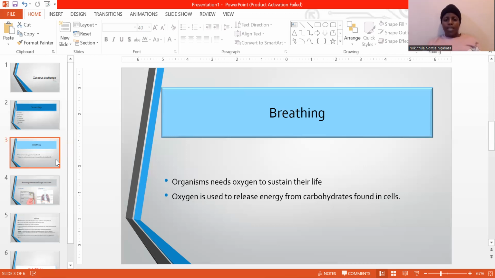When it comes to breathing, all living organisms require oxygen in order to sustain their life. The same oxygen that we require to sustain our life is the one that is going to be used to release energy from the carbohydrates found in all our bodily cells.